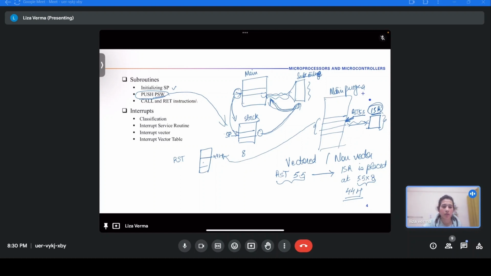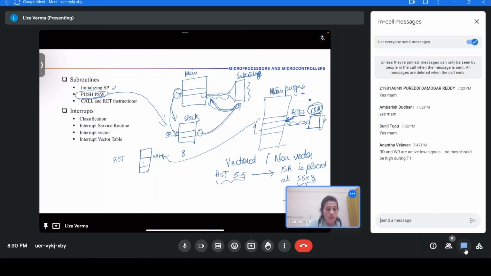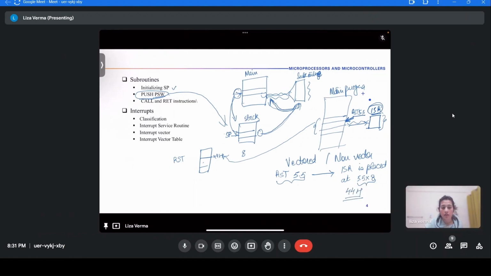Then RST 5.5, 5.5 into 8 should be like 2CH in hex? No ma'am, 44 is in decimal.